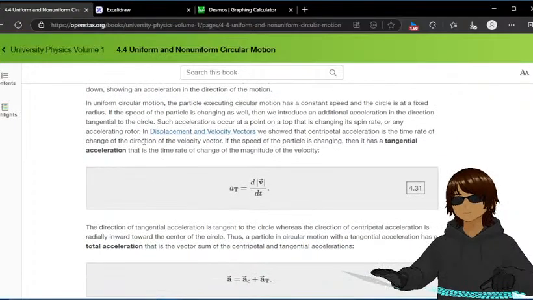In displacement and velocity vectors, we showed the centripetal acceleration is the time rate of change of the direction of the velocity vector. If the speed of the particle is changing, then it has tangential acceleration, that is the time rate of change of the magnitude of the velocity.